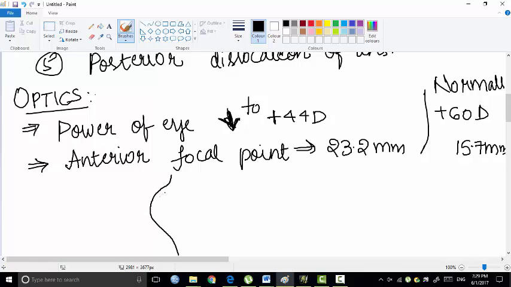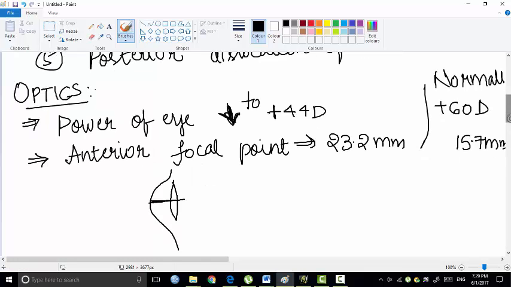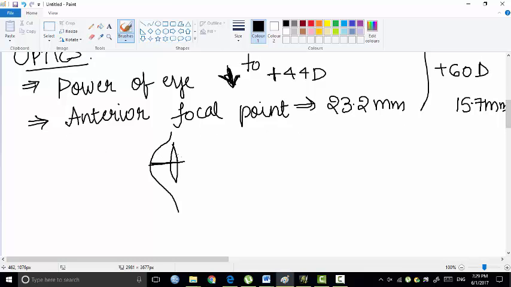If this is the lens, this is the cornea. So this distance becomes 23.2 millimeters in front of the cornea. I'm sorry, it is not this distance. Anterior focal point of lens.